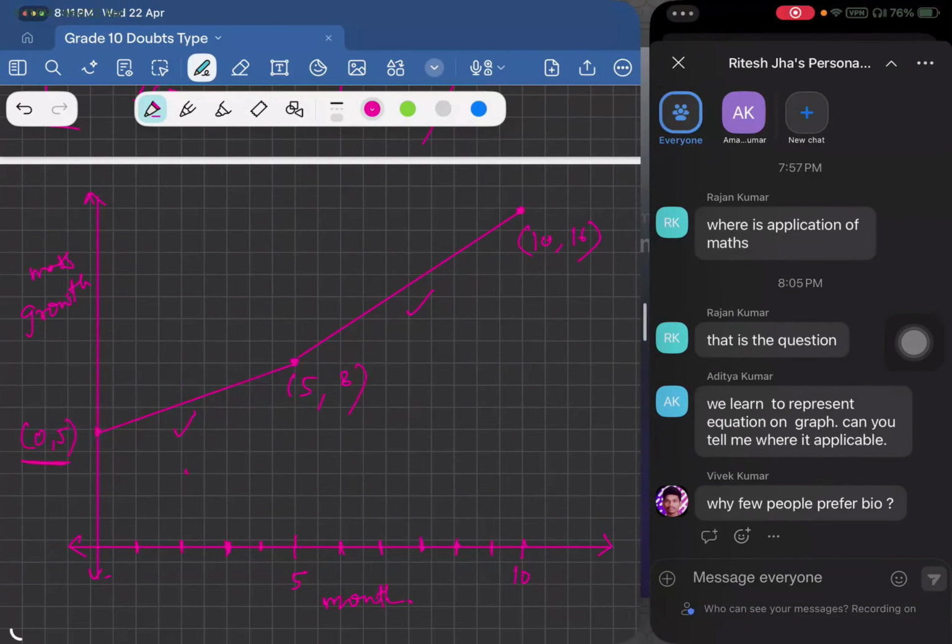Using the coordinates (0, 5) and (5, 8), you will get this straight line. Using the coordinates (5, 8) and (10, 16), you will get this other straight line. Here I'm assuming that you know how to determine the equation of a straight line using the gradient and intercept, y = mx + c. So if you understand the equation of a straight line, you will be able to model a certain pattern and get a defined model for it.